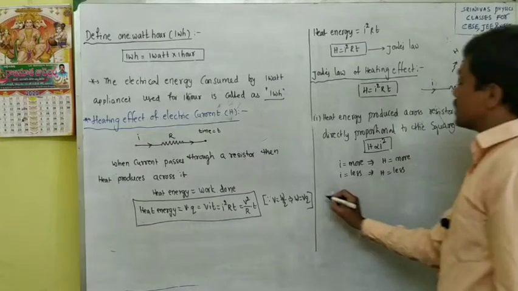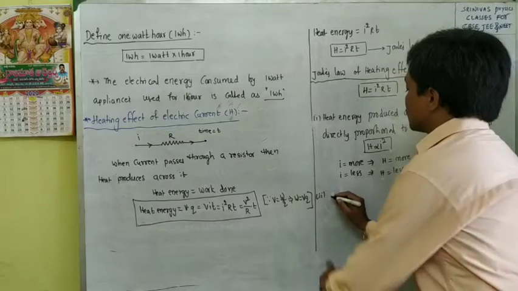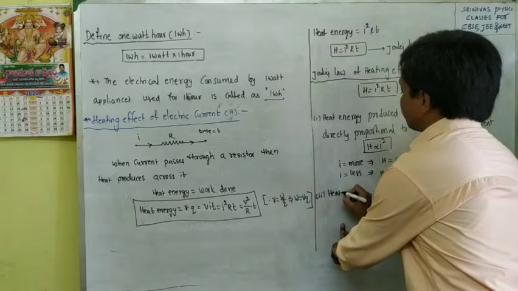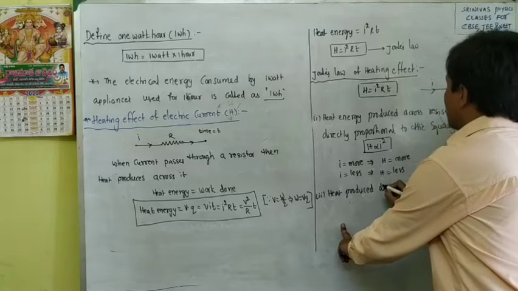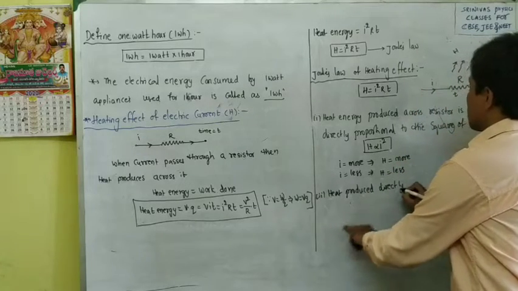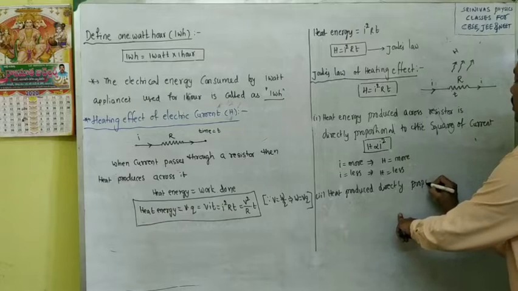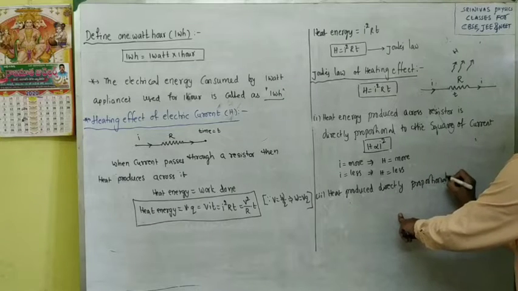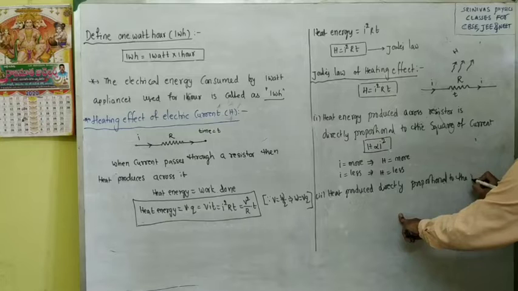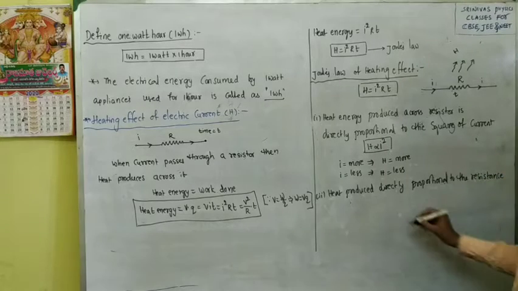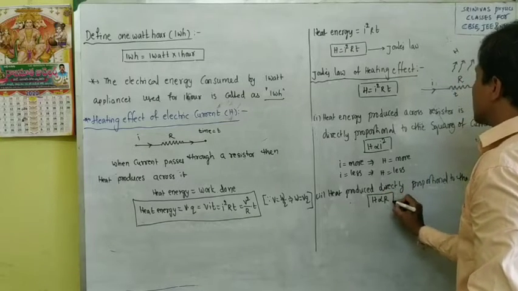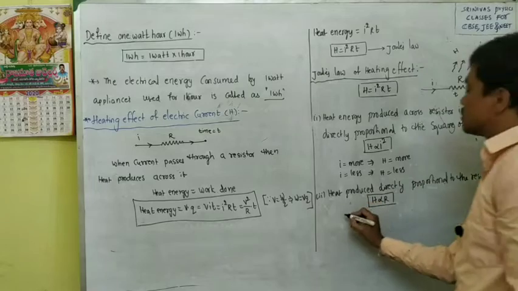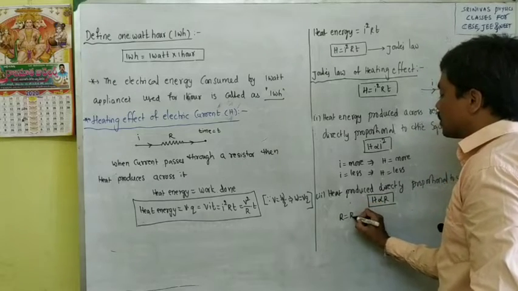The second point is that the heat produced is directly proportional to the resistance. H is proportional to R. If resistance is more, opposition is more.